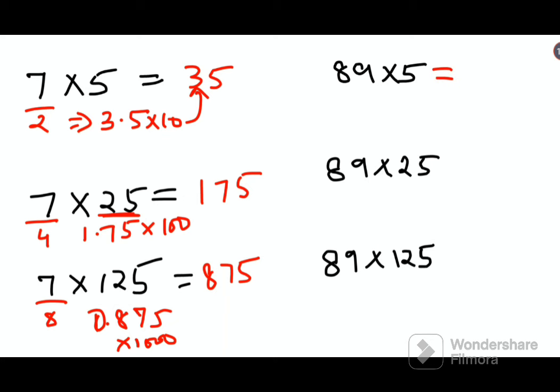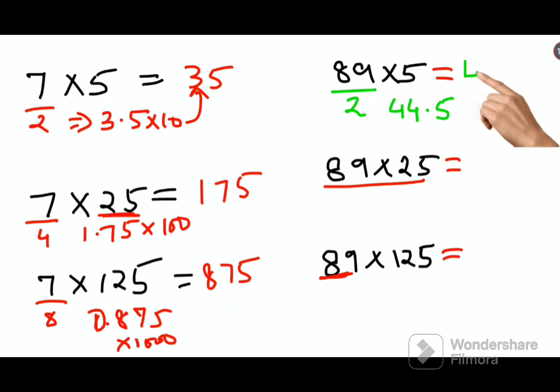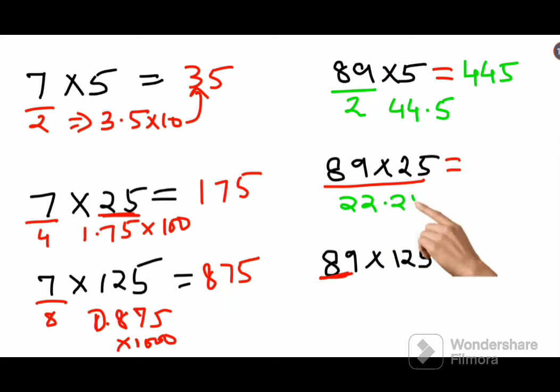Now coming to this one. Please understand, this looks quite tricky, especially 89 into 5, 89 into 25 and 89 into 125. Here we will again divide by 2. 89 divided by 2 gets you 44.5. You multiply by 10, so your answer is 445. 89 divided by 4 gets you 22.25.